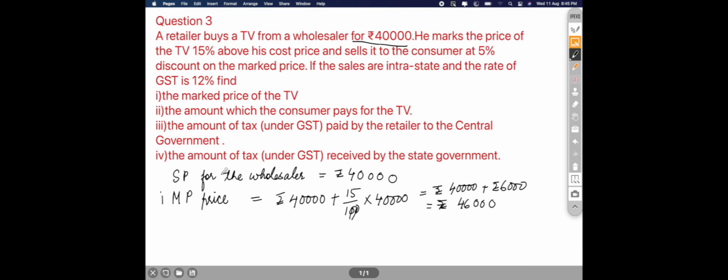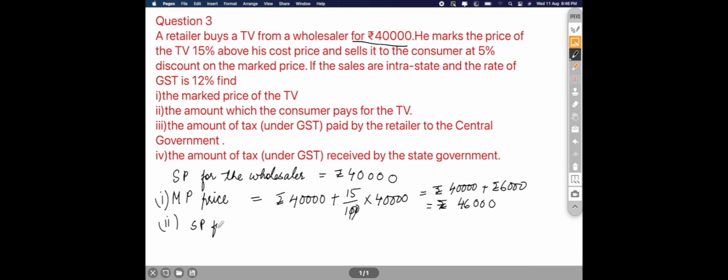Next comes the amount paid by the consumer for the TV. That means the total amount paid by the consumer. First of all, cost price for the consumer will be equal to the selling price for the retailer, and selling price for the retailer is how much? Sells it at 5% discount. So selling price for the retailer to be found out first.